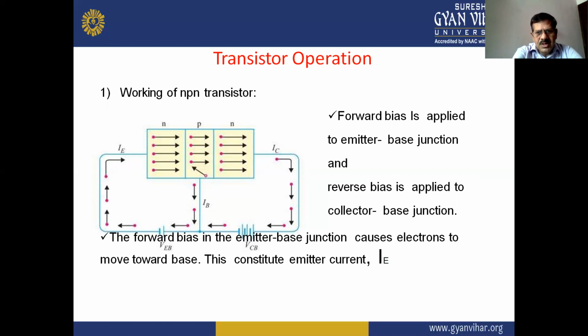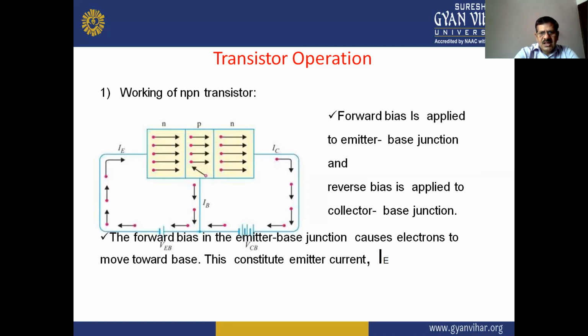With the applied voltage VCB, the collector diode is reverse biased. So forward bias is applied to the emitter base junction and reverse bias is applied to the collector base junction. So junction J1 is forward biased and junction J2 is reverse biased.